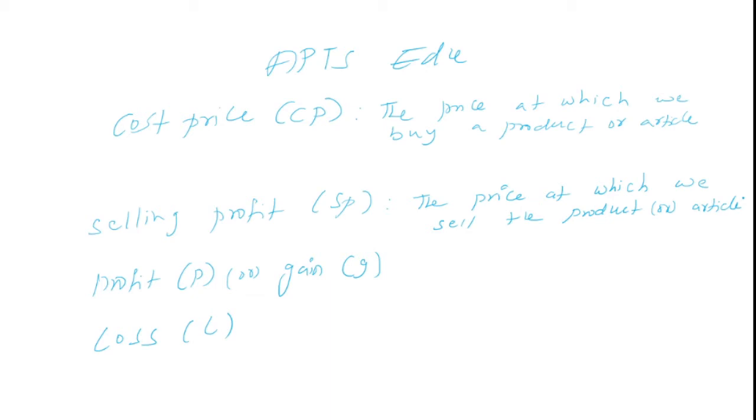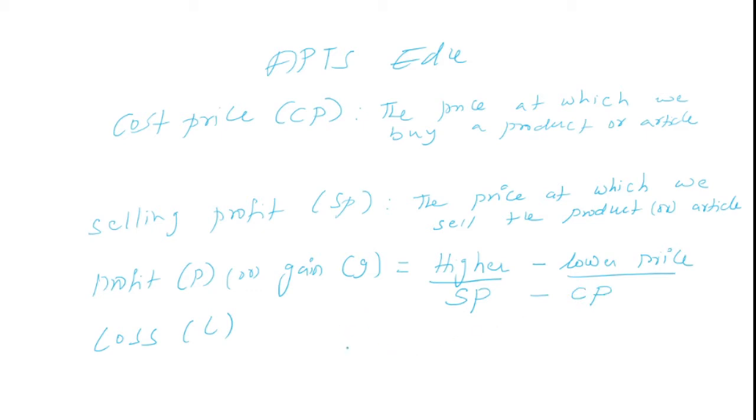Next, when will we get profit, and when will we get loss? Let's see. We get profit if we buy at a lower price and sell it at a higher price.